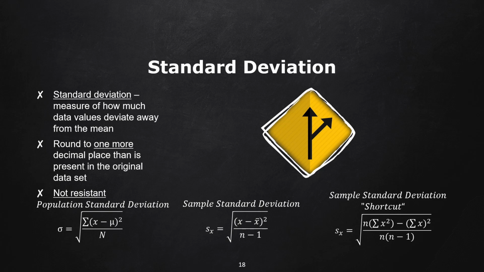And there's this third one that is actually a shortcut formula. You may be wondering how in the world it's a shortcut, because it's got a lot more things going on. If you can see in the first two formulas, we are using the mean. It's inside those parentheses, so the x minus x bar.